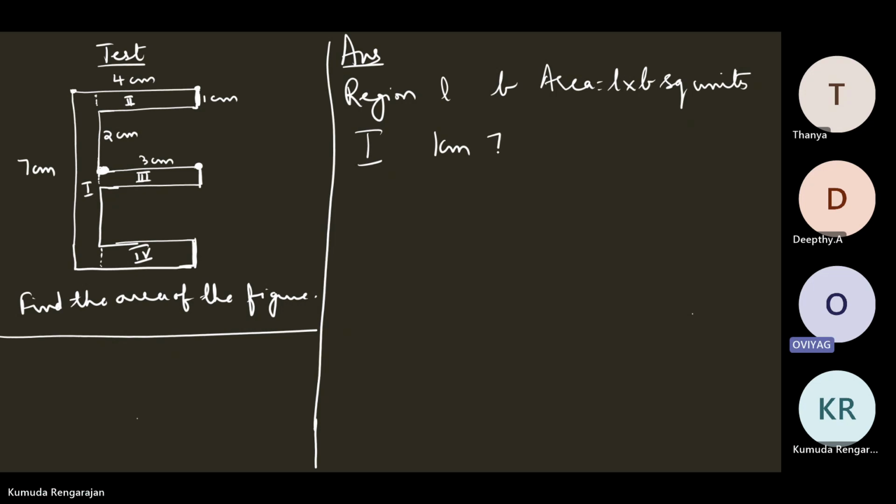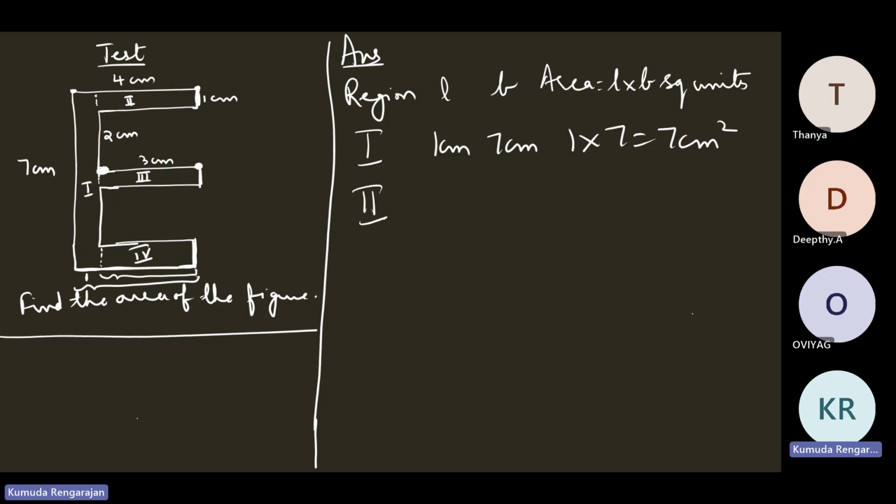Ma'am, 7 centimeter. So L into B, 1 into 7, 7 centimeters square. Well done. Because this entire thing is 4, but this one is 3, so this one should be 1. Very good.